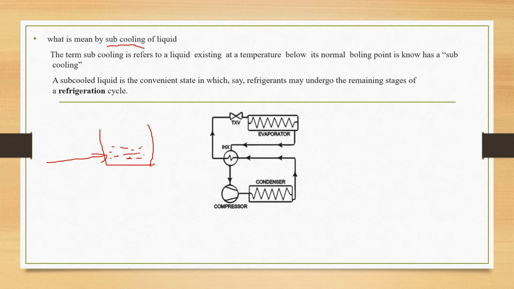This liquid is convenient to use in the refrigeration cycle. A subcooled liquid is in a convenient state in which the refrigerant may undergo the remaining stages of the refrigeration cycle.